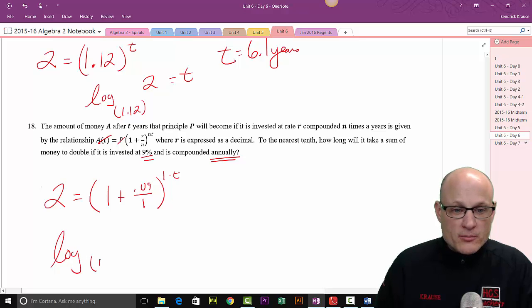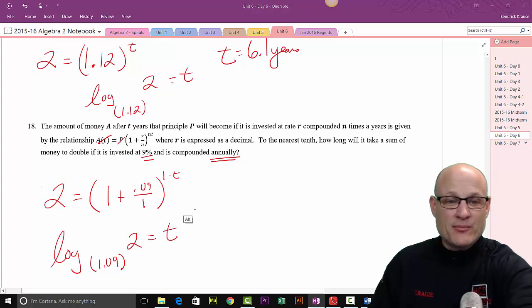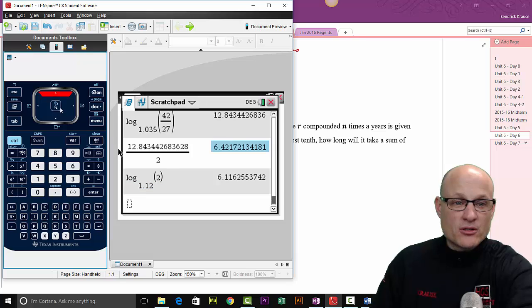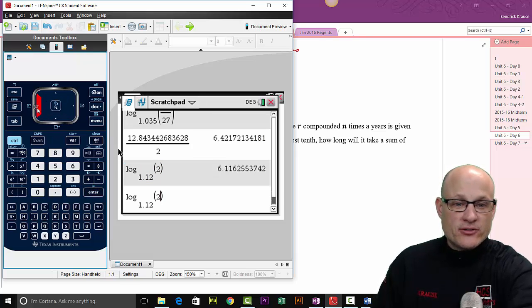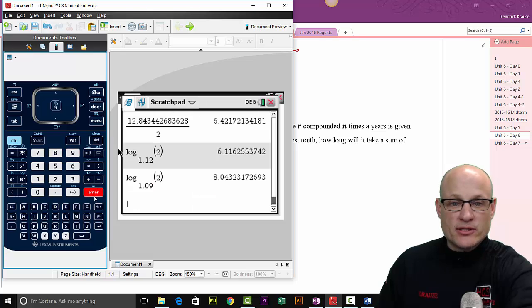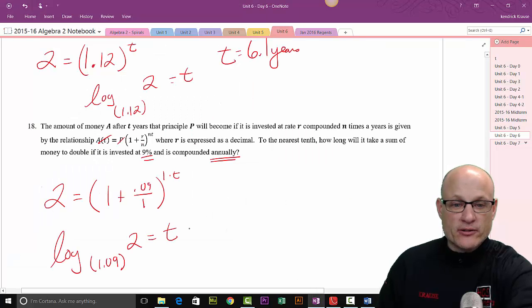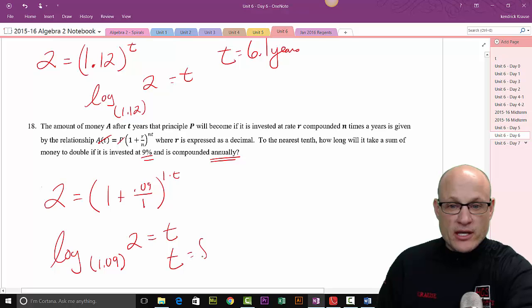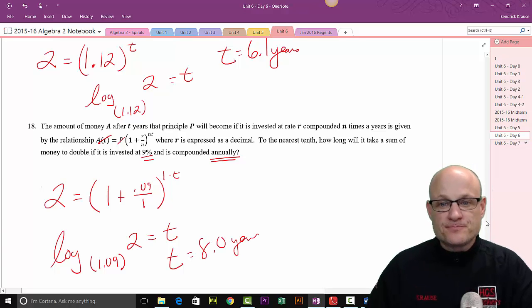So log base 1.09 of 2 is equal to t. So it's basically the exact same thing. I don't even have to do much work. Just go here, change this to 0.09, 1.09, double. It'll take 8.04 years. So t equals 8.0 years, because it's rounded to the tenths.